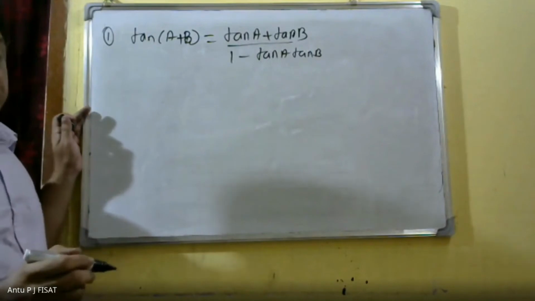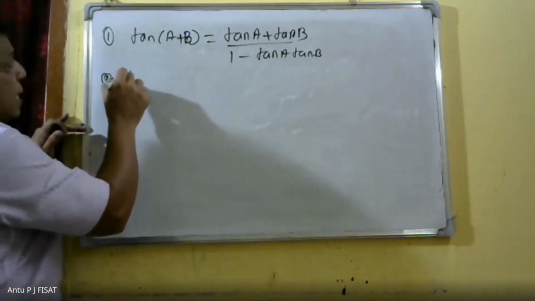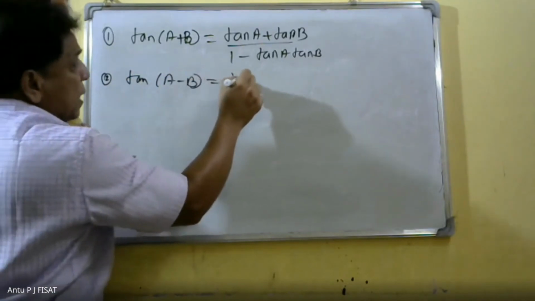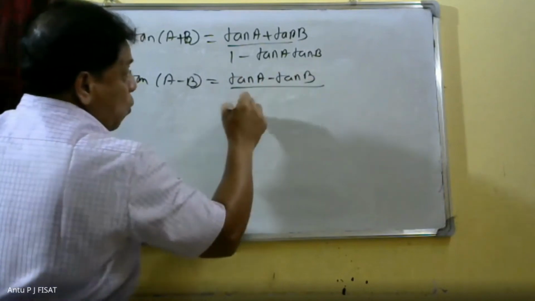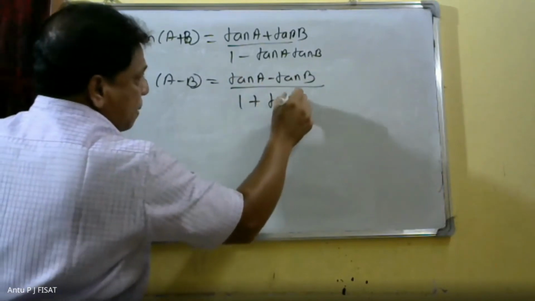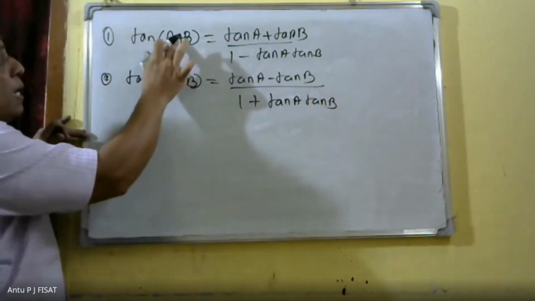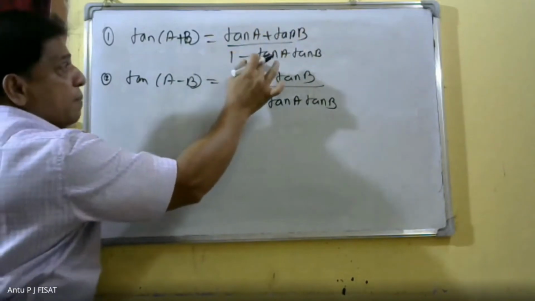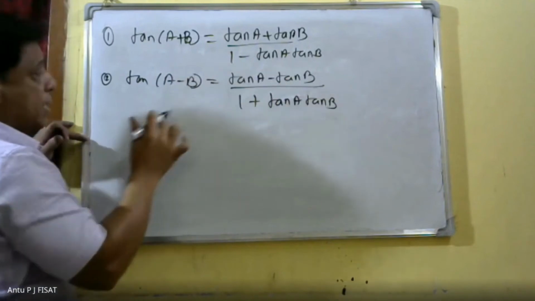Then tan (A minus B) is equal to (tan A minus tan B) by (1 plus tan A tan B). In the case of tan (A plus B), the plus appears in the numerator, tan A plus tan B, divided by 1 minus tan A tan B. In tan (A minus B), minus appears in the numerator, plus appears in the denominator.